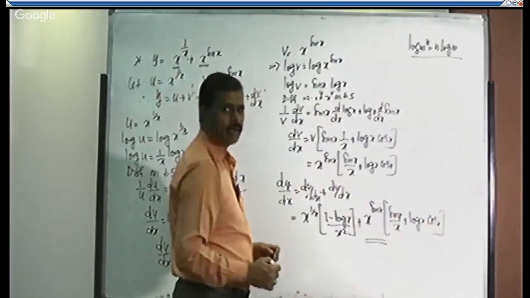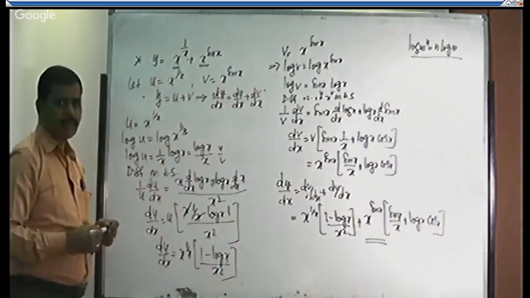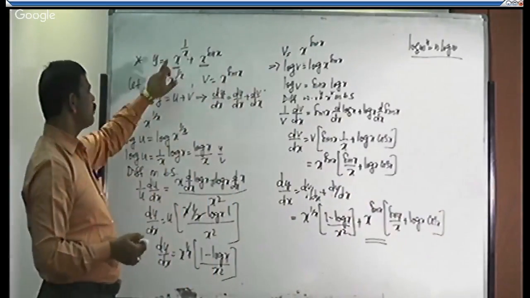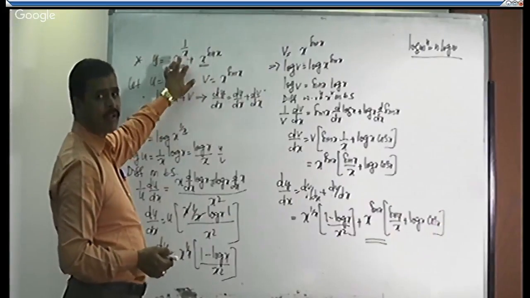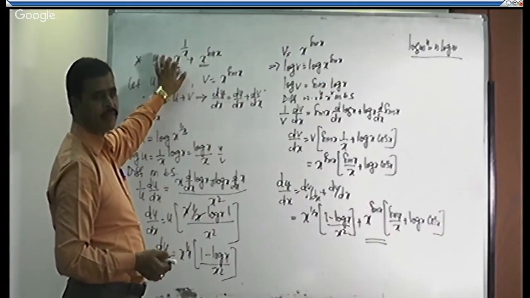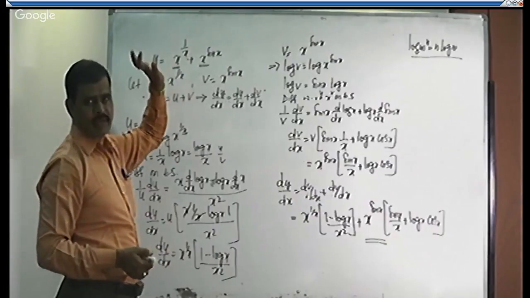This is called logarithmic differentiation, used when a sum or difference of two or more terms is given, and each term is in the form of function to the power of function.